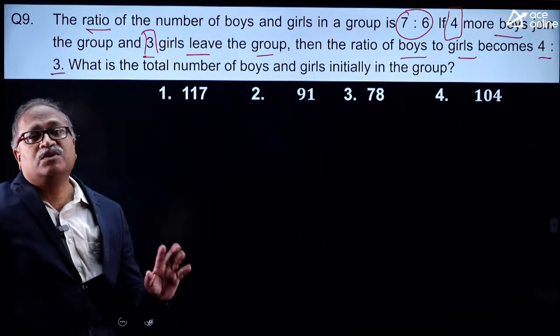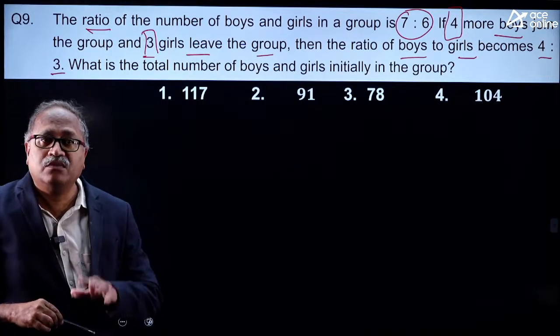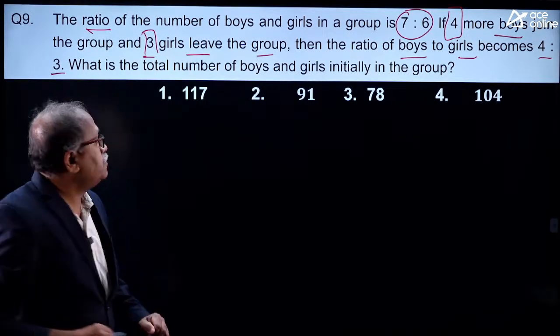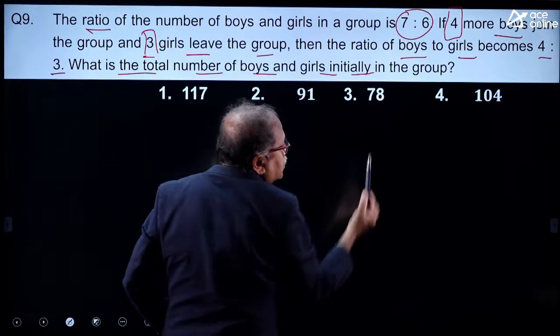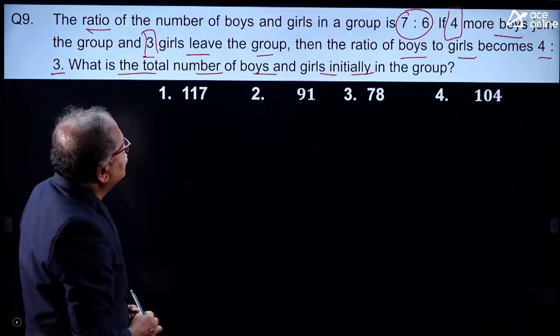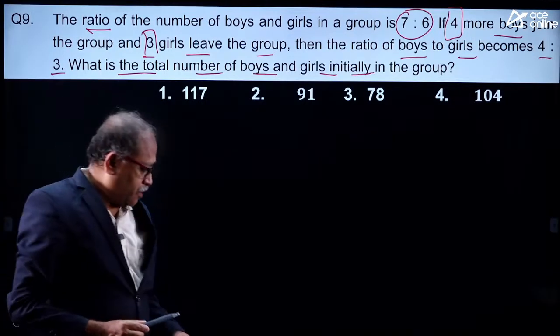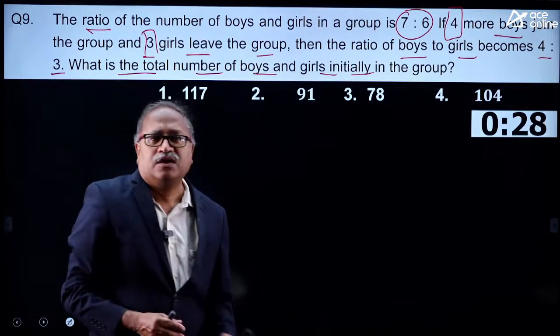Very commonly this type of question comes, sir, and that is the reason I gave it. I know this is an easy question. What was the total number of boys and girls initially? Consider it as a practice.